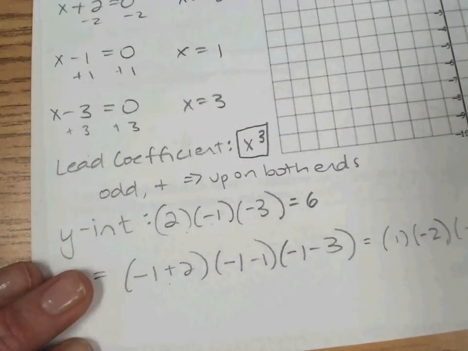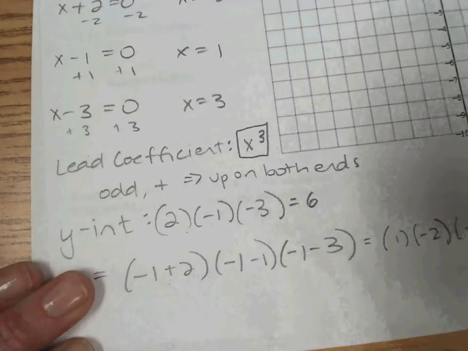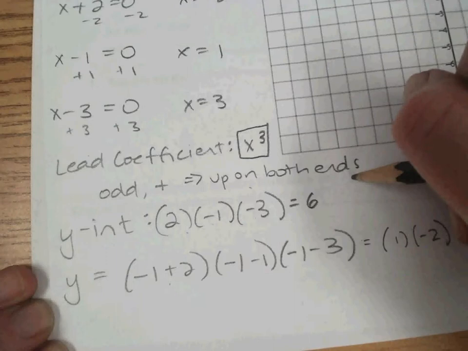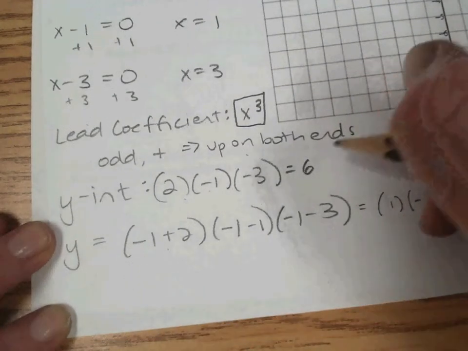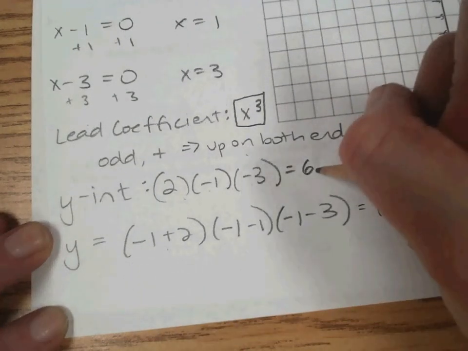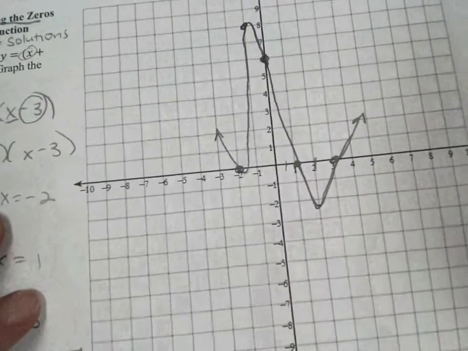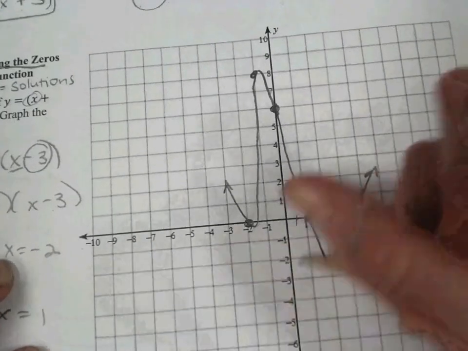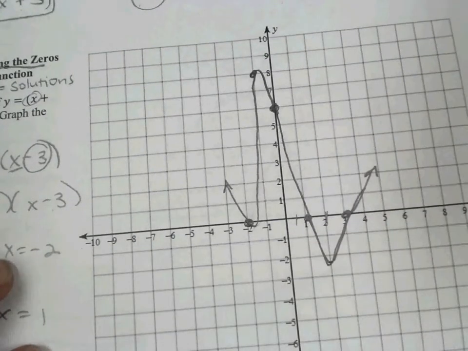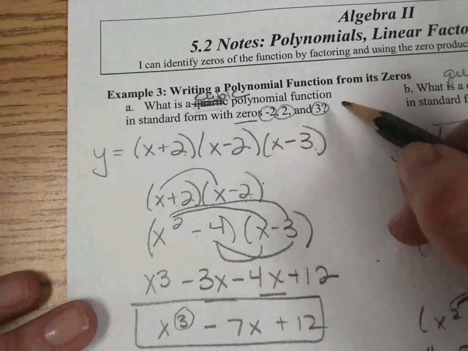Also being able to use a simple calculation to figure out your lead coefficient, to find your end behavior, to be able to find your y-intercept, and then from there it's a great idea to use your graphing calculator to help you fill in the gaps.